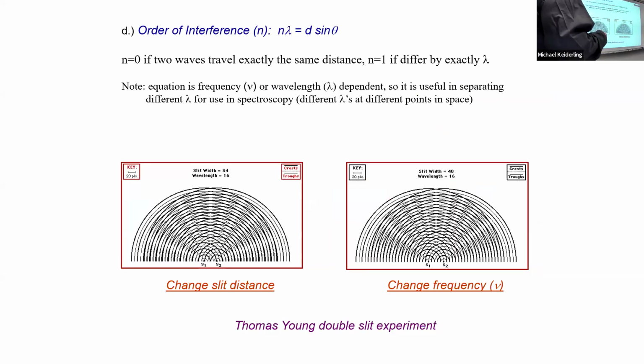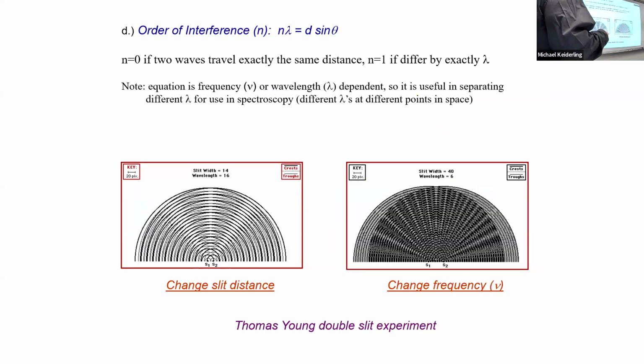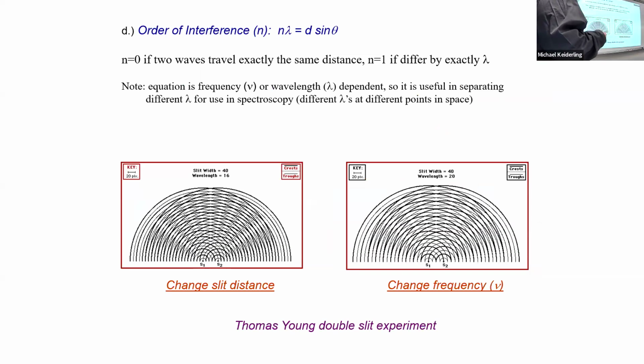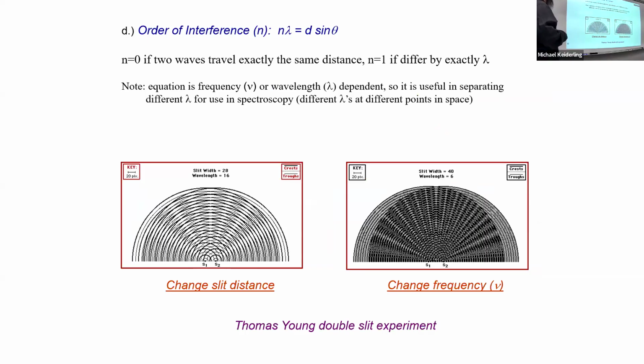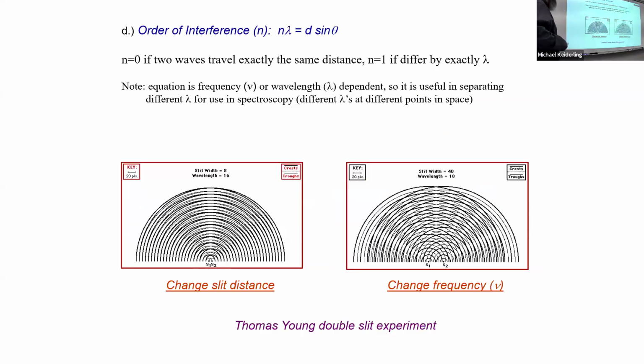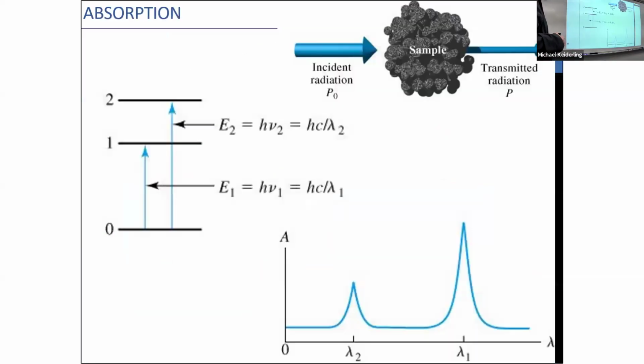And the order of interference times the wavelength is d times the sine of the angle, where d is the spacing between the slits and the angle is the angle between them. So you can do this experiment to prove that light is a wave, and you can calculate this.